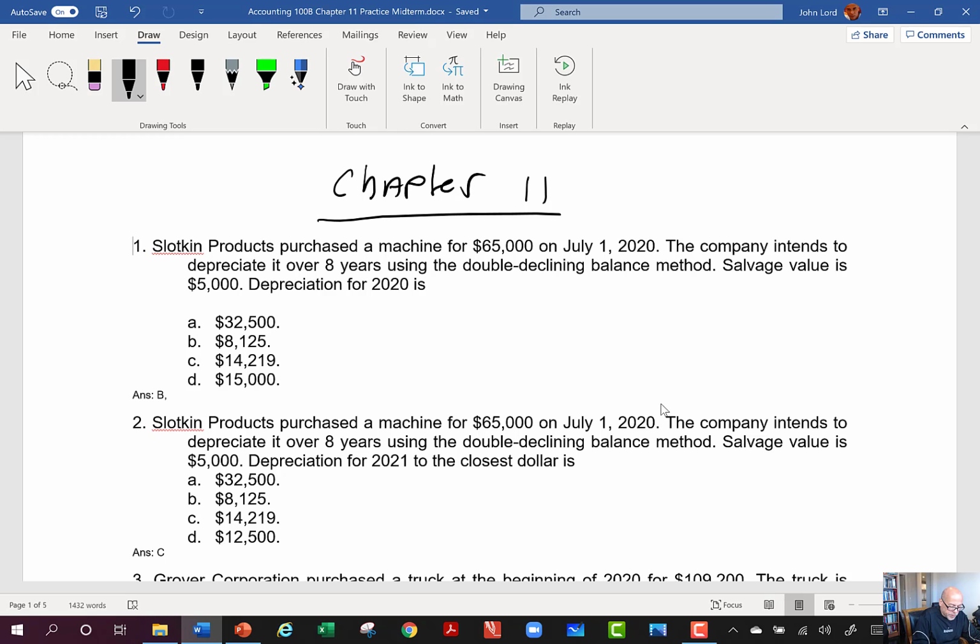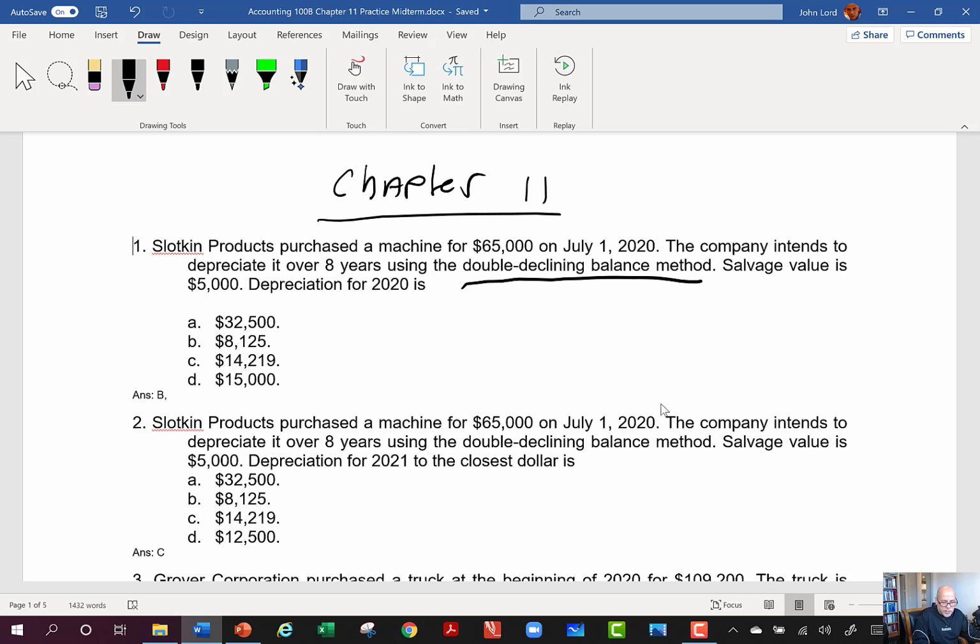Slokin Products purchased a machine for $65,000 on July 1st, 2020. The company intends to depreciate over 8 years using, and in this class for practice, for the most part, I'll use double declining balance. Remember, it does not have to be double declining balance.